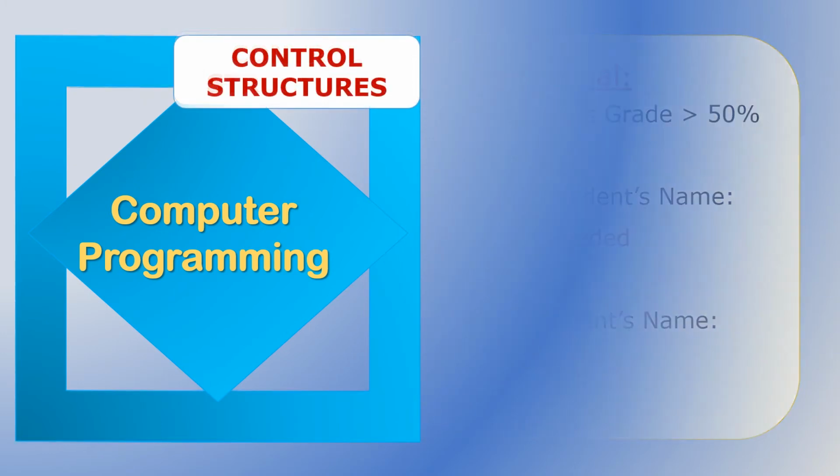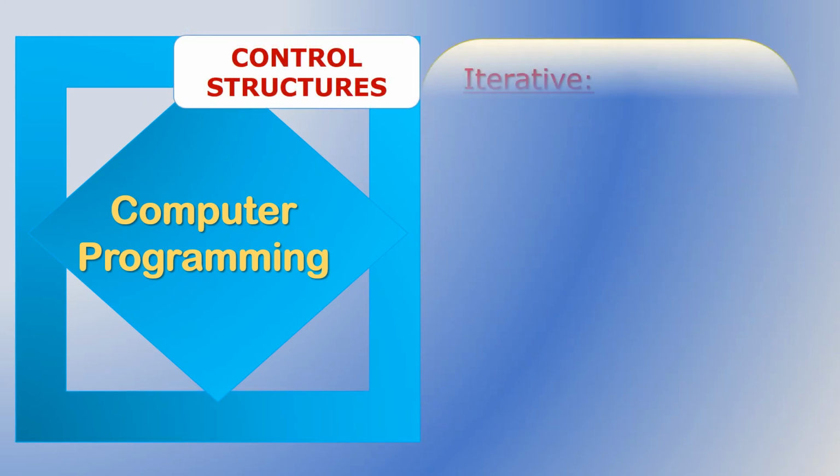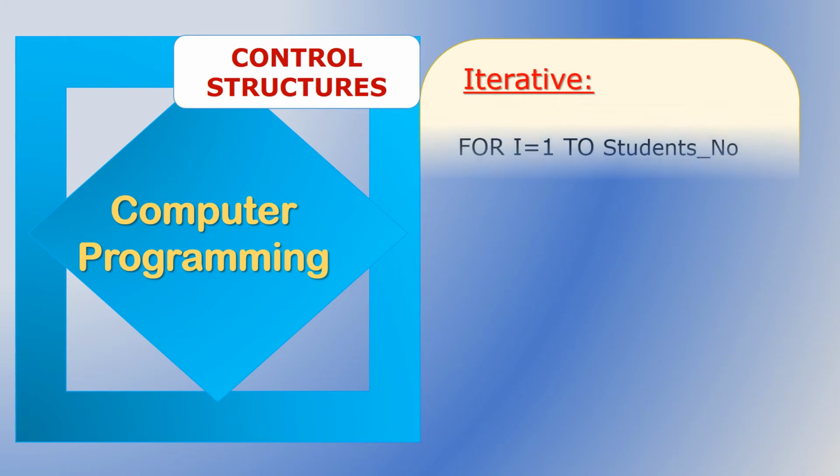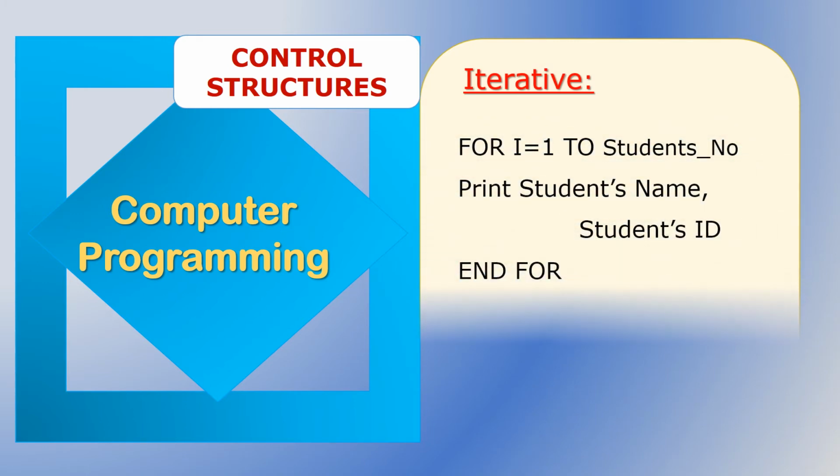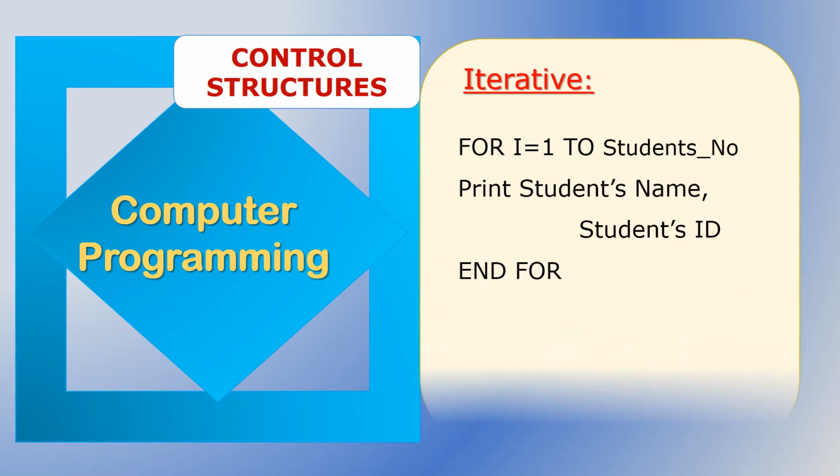Iteration or looping gives computers much of their power. They can repeat a sequence of steps as often as necessary, and appropriate repetitions of quite simple steps can solve complex problems.